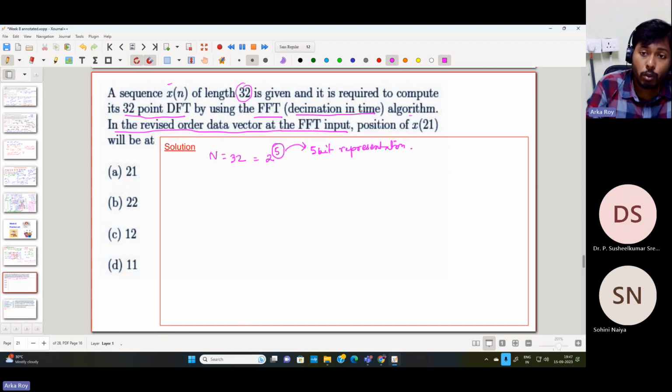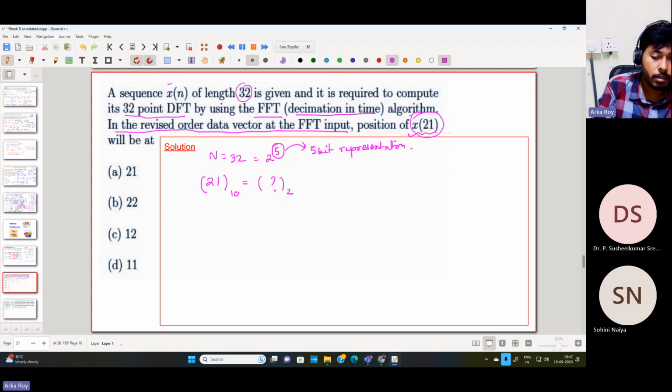So we need to find at what position x[21] will be, the actual position of that particular sample. We need to find 21, which is in the decimal domain, so we need the equivalent binary representation.